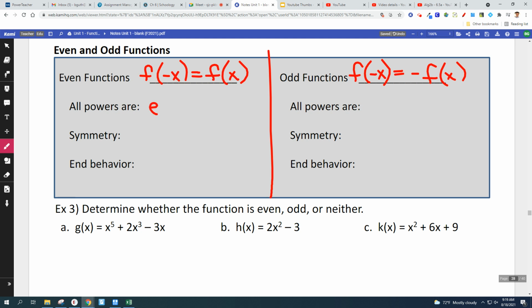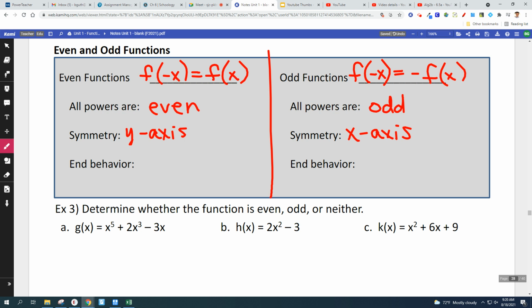Even functions, if we're looking at a polynomial, all of the powers are even. Odd functions, all the exponents are odd. Even functions have symmetry with respect to the y-axis. Odd functions have symmetry with respect to the x-axis.